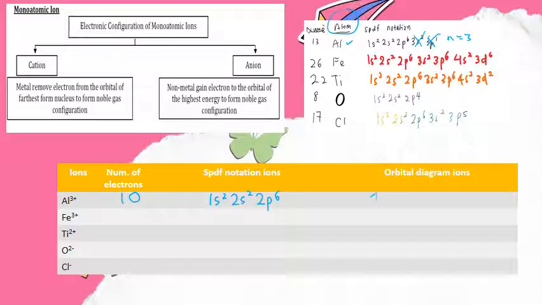So kita draw 1s, and then kita ada 2s. Sorry tersalah pula. Apa yang I draw ni? Kejap. And then kita draw semula 2s. And then kita draw untuk kita punya 2p.